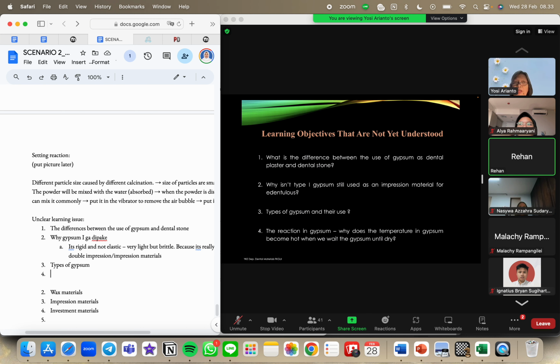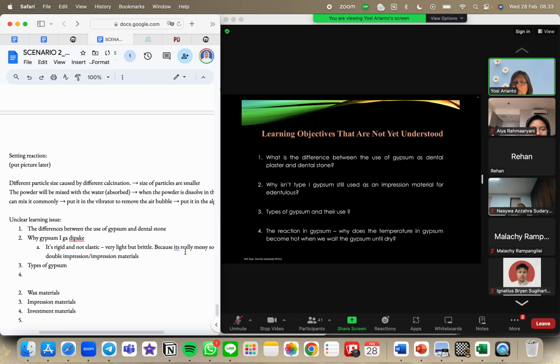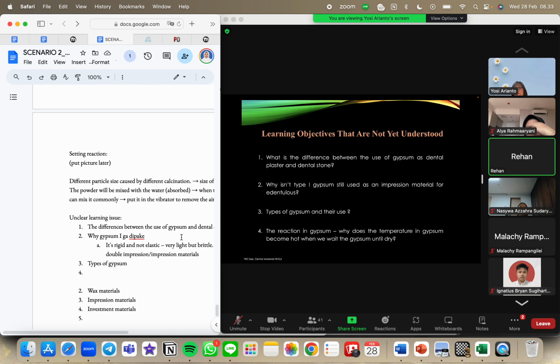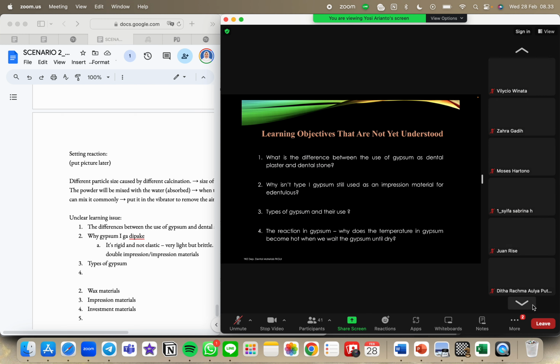Don't forget about this, because we usually use this dental stone type 3 for the working model, not study model, because it is more expensive than the dental plaster. Then type 4, I'm not sure.